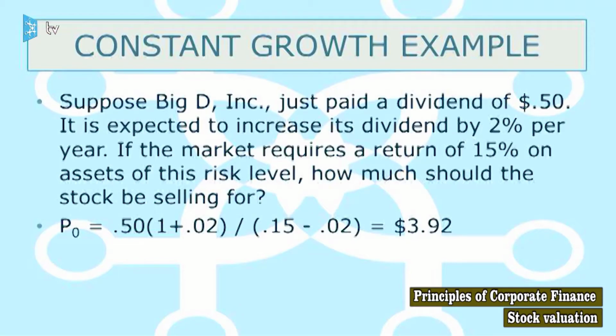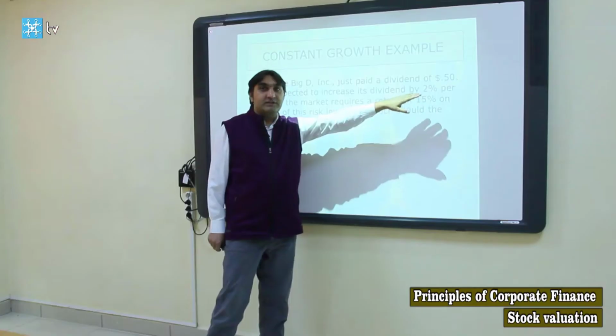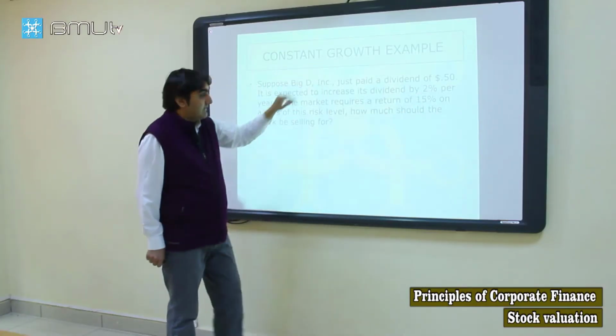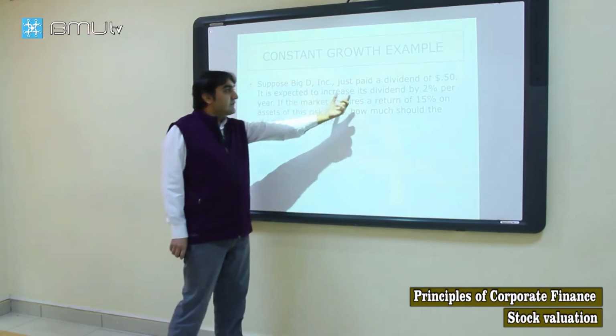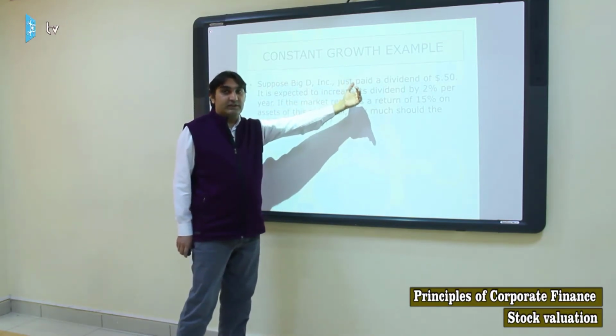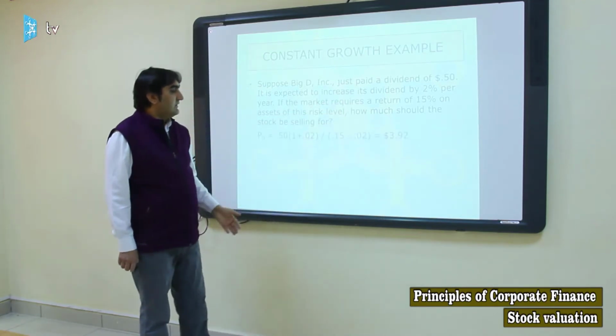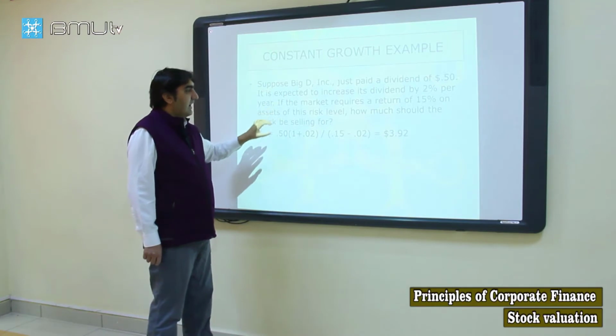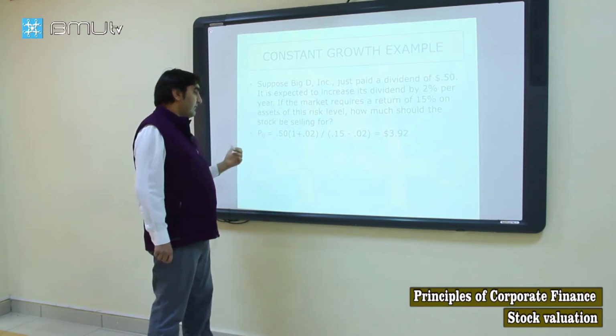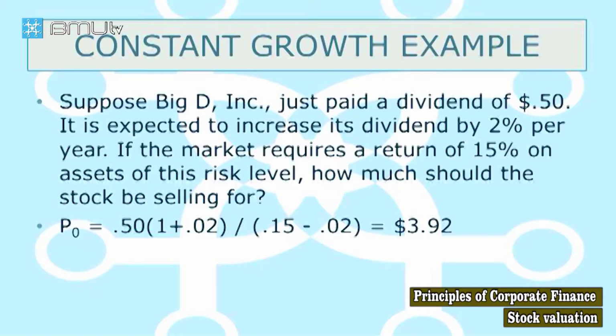If the risk level is the same, we can apply this market required rate to our company's required rate. We can take them as the same. You see that this is a growing perpetuity, and the present value of these cash flows is, as in our formula, dividend 1 divided by R minus g.